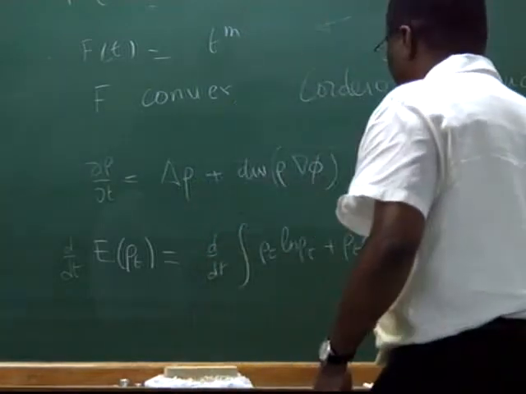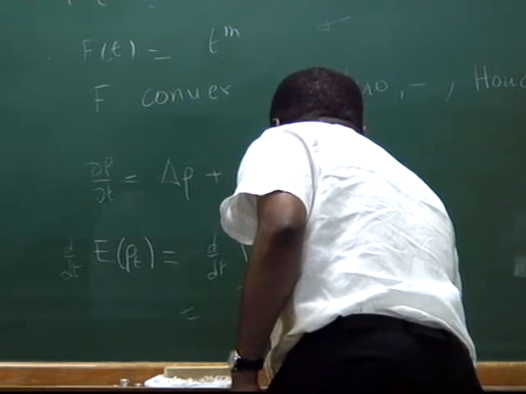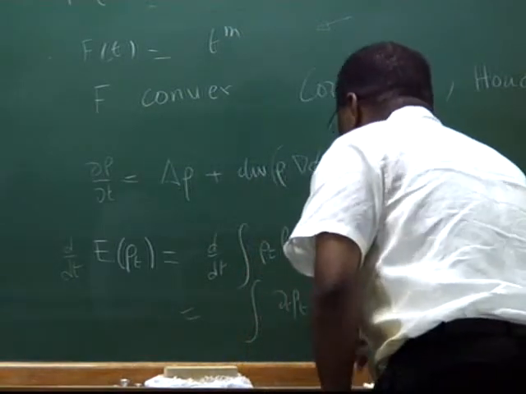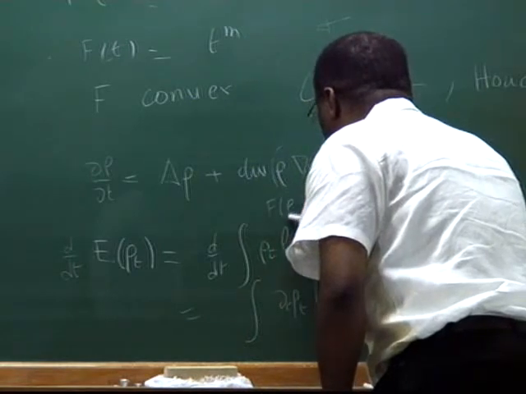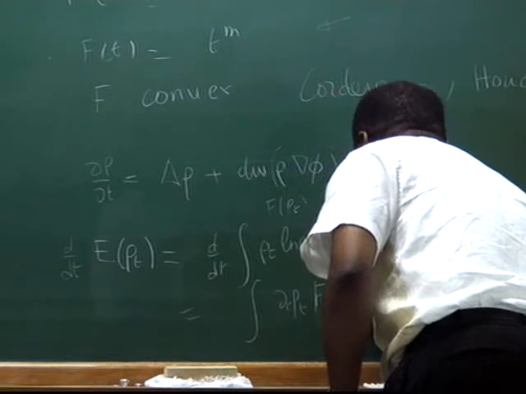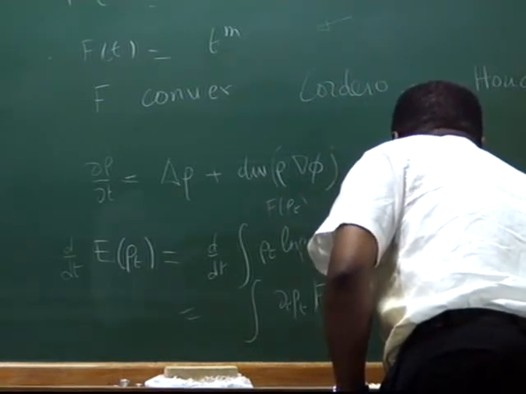And then I take the derivative inside. That will be the integral of dt of rho t. I differentiate what is here. So let me call this f of rho t. It will be f prime of rho t plus dt of rho t phi.